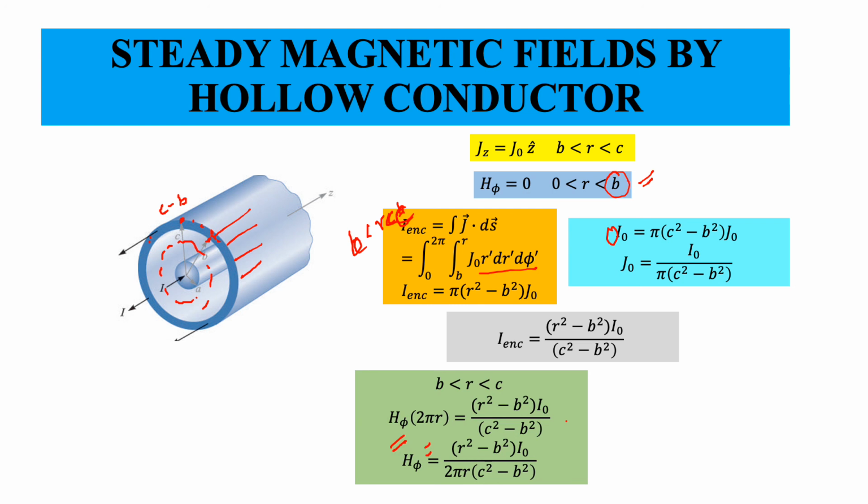If you sketch the magnetic field H phi, until the radius b it is 0, and then it begins to rise, not exactly linearly because of r square minus b square divided by c square minus b square, but it rises along some curve, reaches its maximum, and then starts to drop as 1 by r.